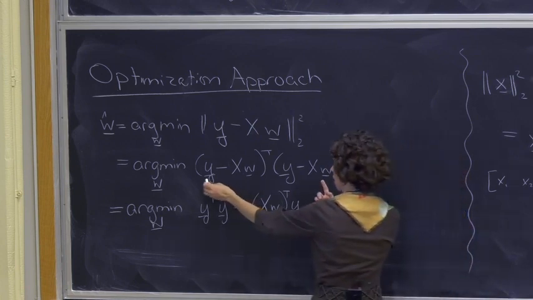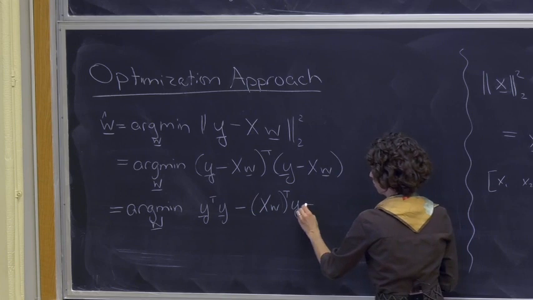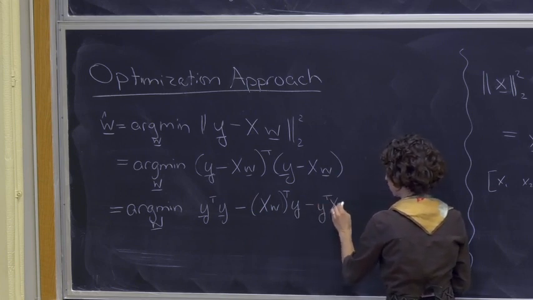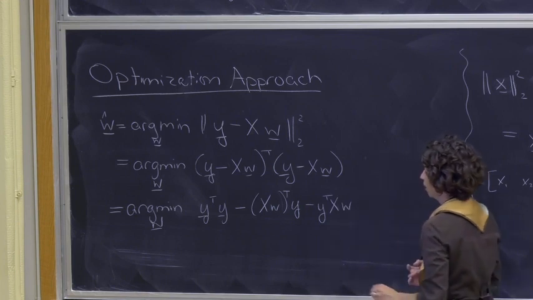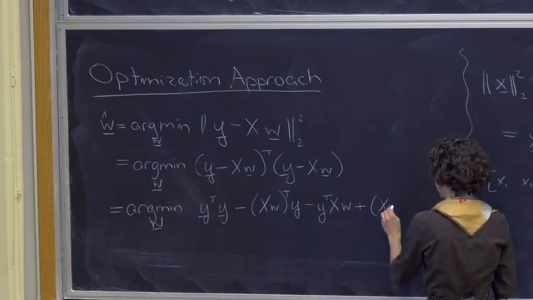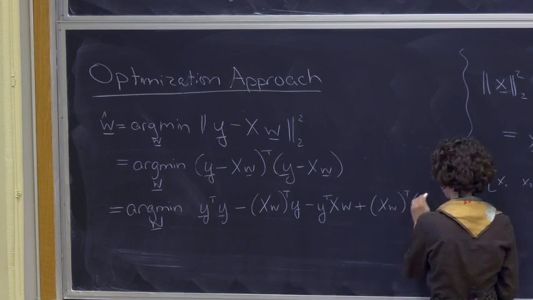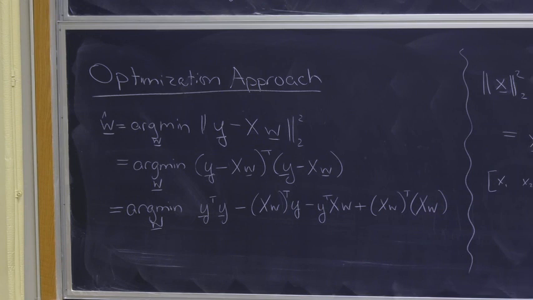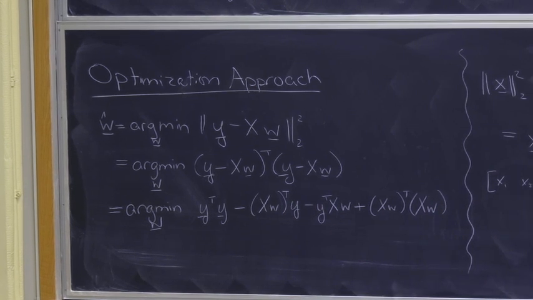Then I take the two outer components, and I have negative y transpose times xw. And then finally, I have plus xw transpose xw. Does that make sense? Okay.